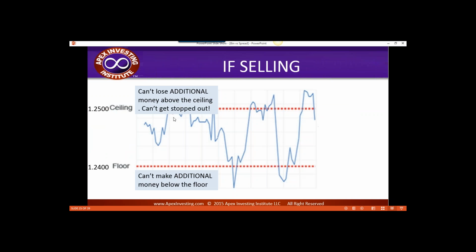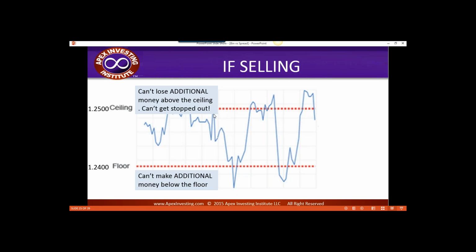So if I was selling a spread, wherever the market is at the time between this spread, if I'm selling it, I'm saying that the market's going down, right? What if it goes against me and I'm wrong and it goes up? Well, I can't lose additional money above the ceiling.